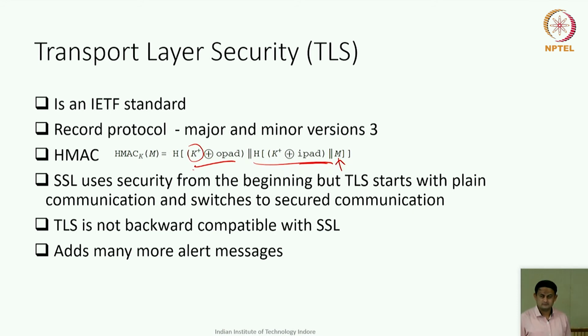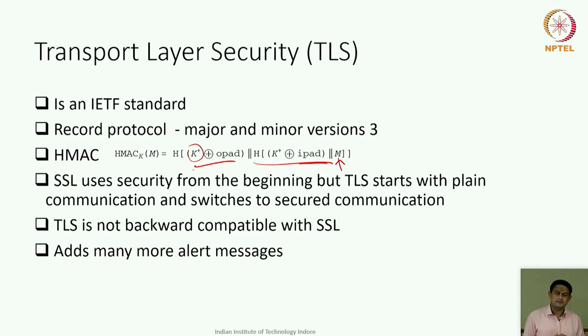It also introduces several more alert messages, the error messages or fatal error messages that we are referring to. In addition to what SSL defines, TLS defines a few more message types, particularly with the changed encryption and the new algorithms that were brought in. That is the fundamental difference.